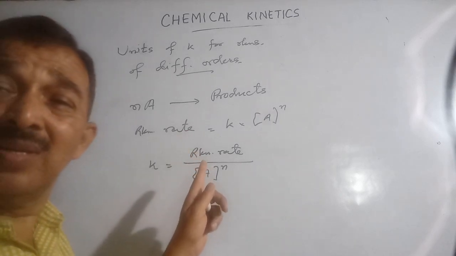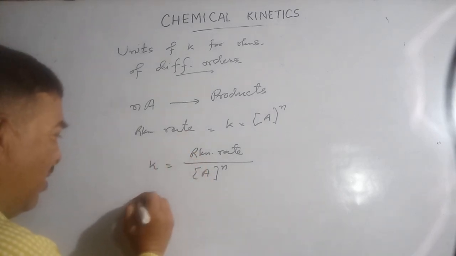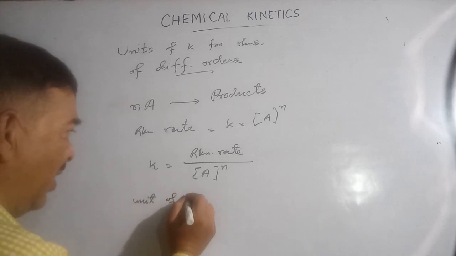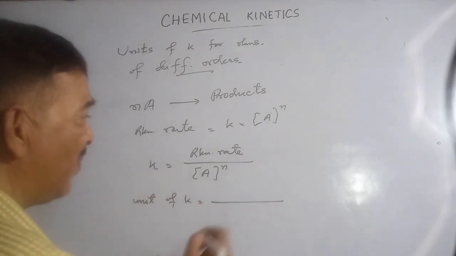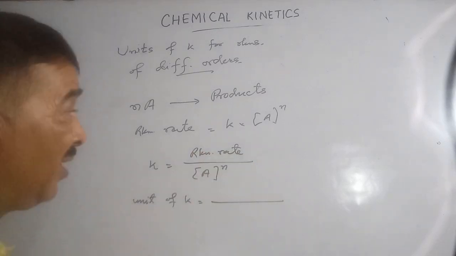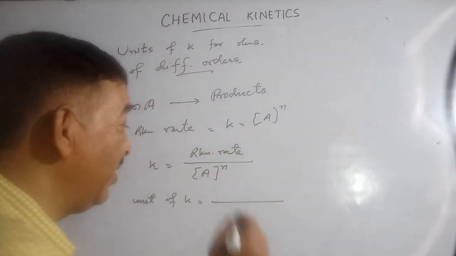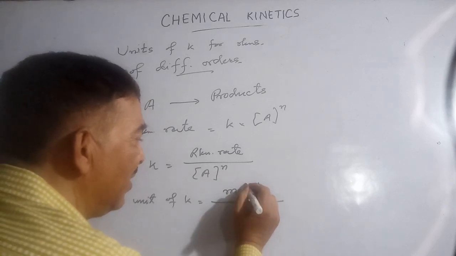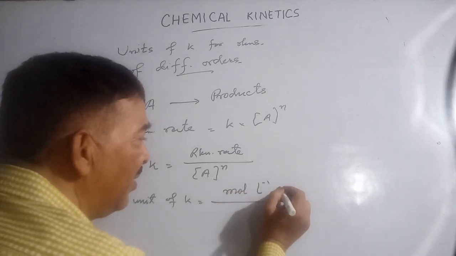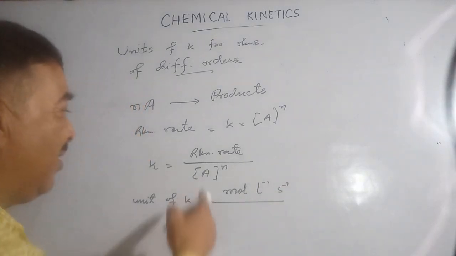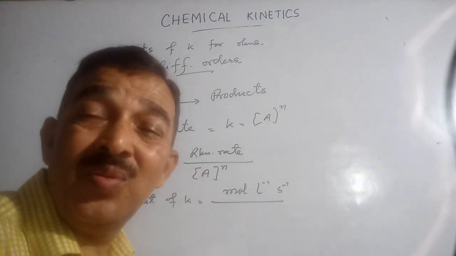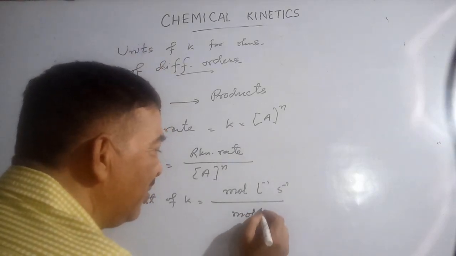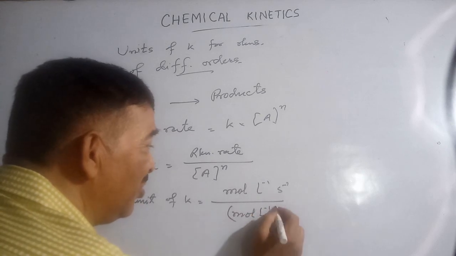Is it clear to you? Now the unit of K is equal to the unit of reaction rate divided by the unit of molar concentration to the power n. What is the unit of reaction rate? Mole per liter per second. And the unit of molar concentration is mole per liter, to the power n.